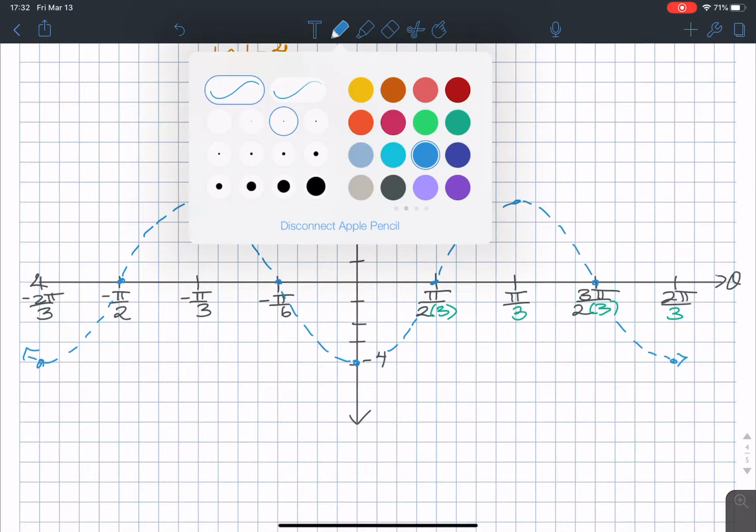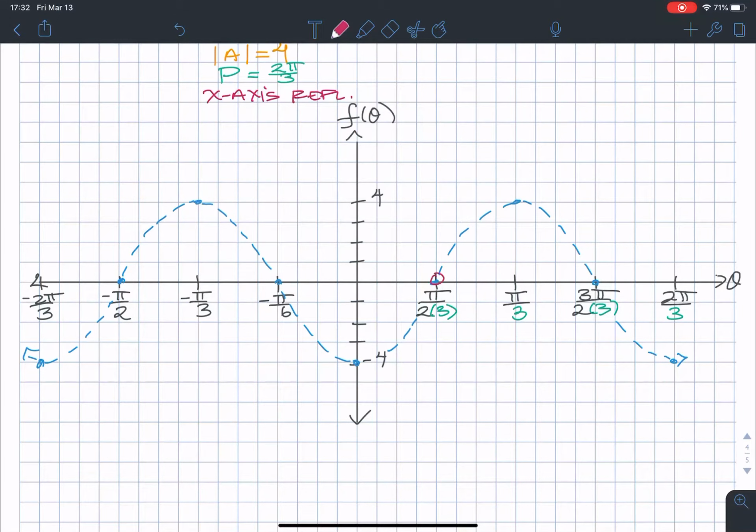Okay, so once again, wherever the graph of cosine goes through 0 is a vertical asymptote to the graph of secant. And I think I used a different color on the other graph. Sorry about that. It was a brighter red.